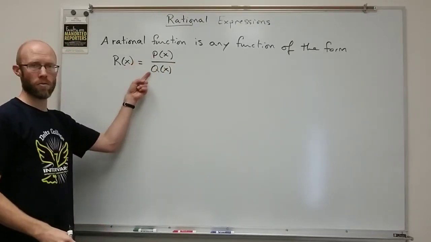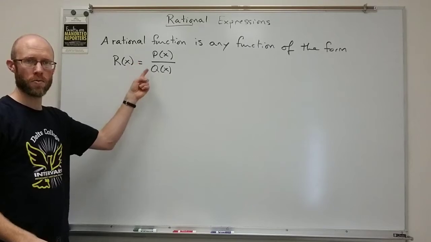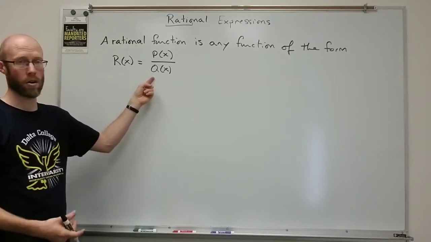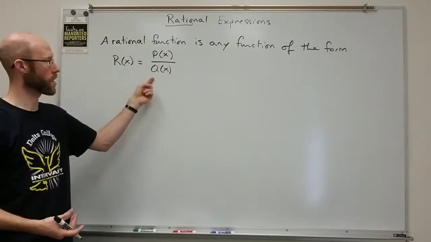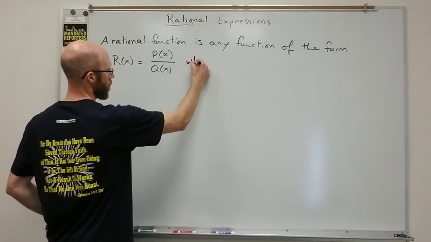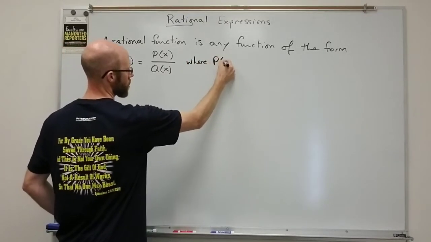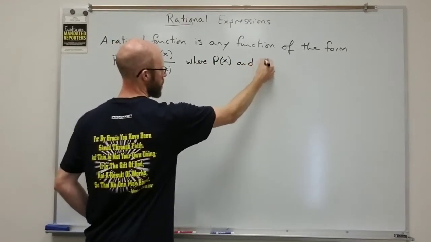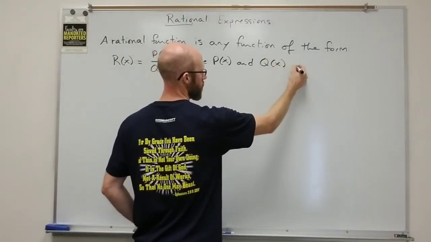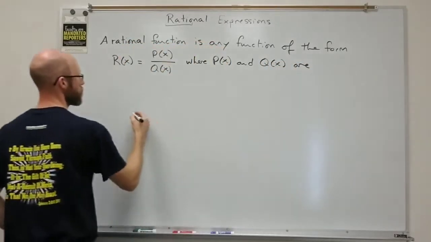So it's another function over another function here. And the two functions in the fraction are each polynomials. Okay, so I'd say where p of x and q of x are polynomials.